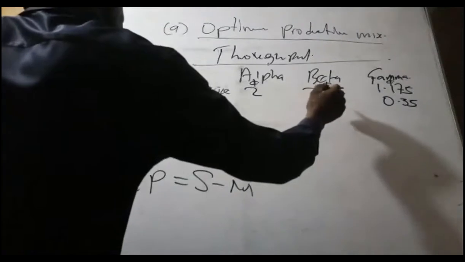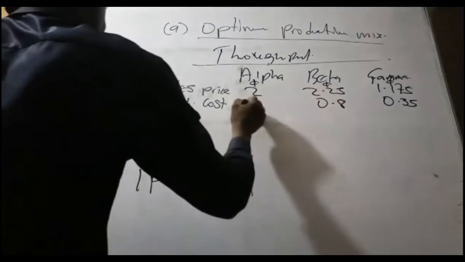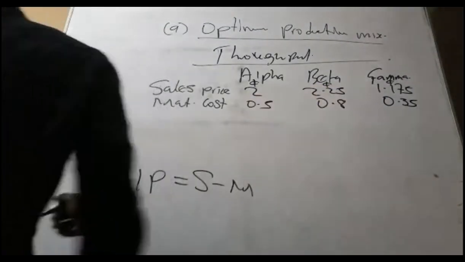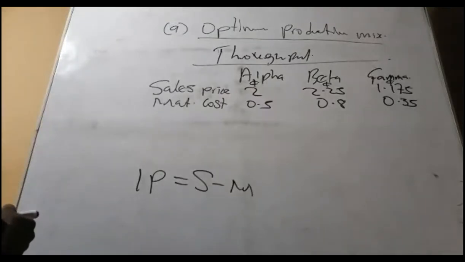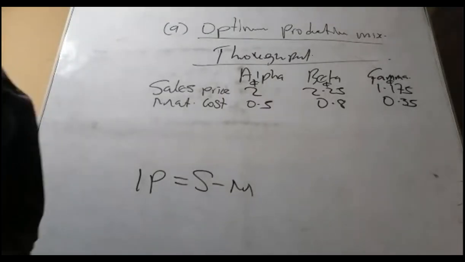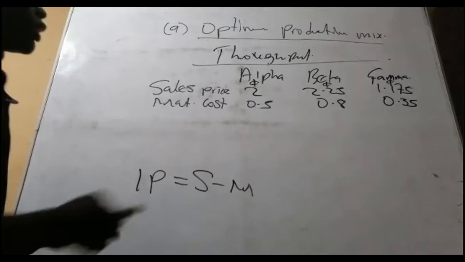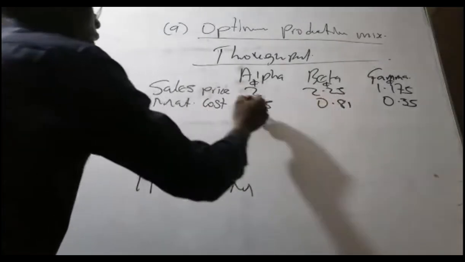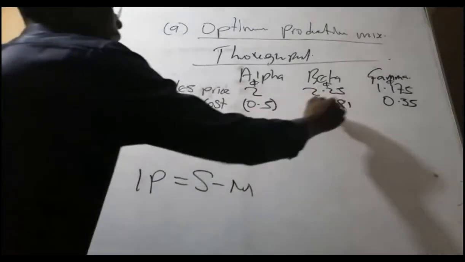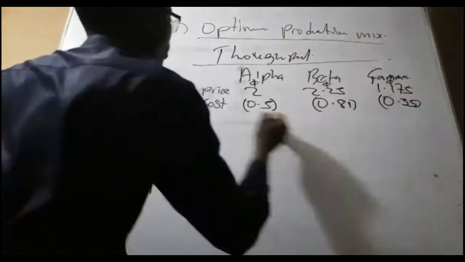Here should be 0.8, and here should be 0.5. Agree. Okay. So what to do is kindly put them in brackets. That suggests that we are subtracting.